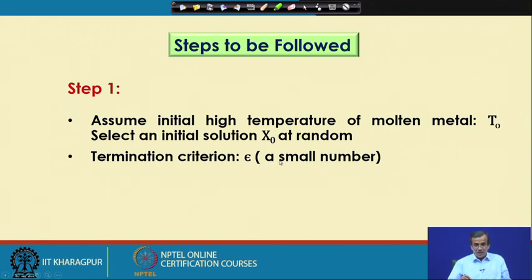That means, if the change in energy between two consecutive iterations becomes less than or equal to epsilon, we terminate the program and say that it has reached the optimal solution. Generally, we keep a very small value for epsilon. We set the iteration number t equal to 0.